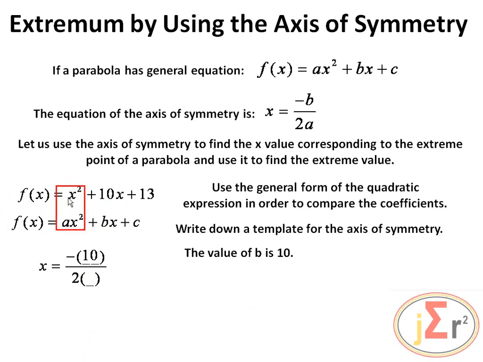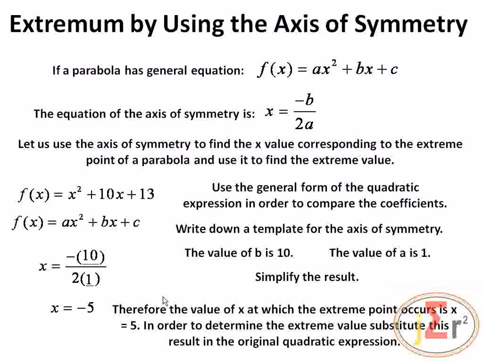In this case, there is no coefficient, so the default coefficient being 1, we are sure that the value of a is 1. So when we simplify this, we get negative 10 divided by 2, and that gives negative 5. So x is equal to negative 5.